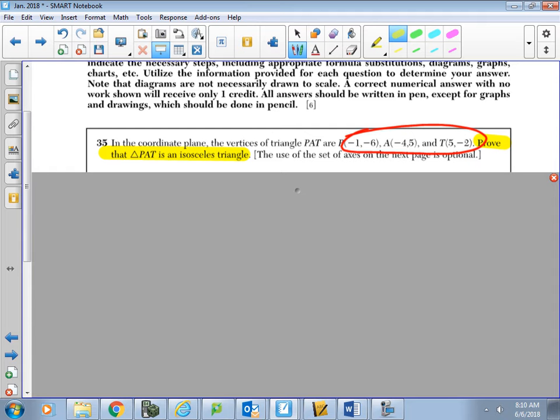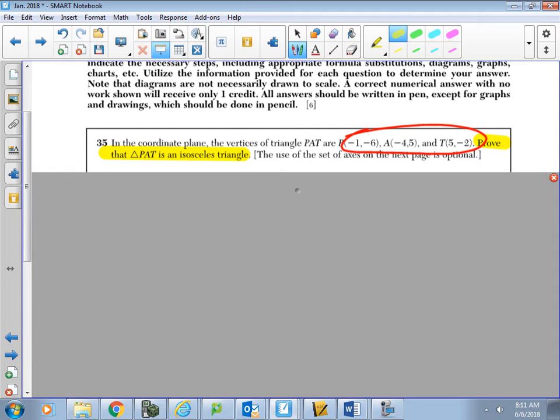Here they're saying prove that it is. So it's not a question of whether it is. It's a question of you doing enough work to prove that it is. So don't go into this thinking, well, is it or not? That's not the question. The question is, can I give enough information to prove that it is?